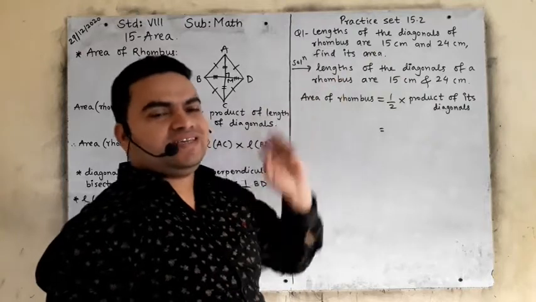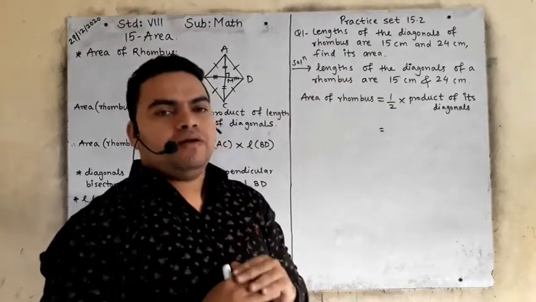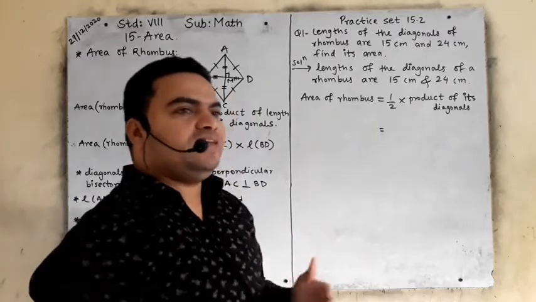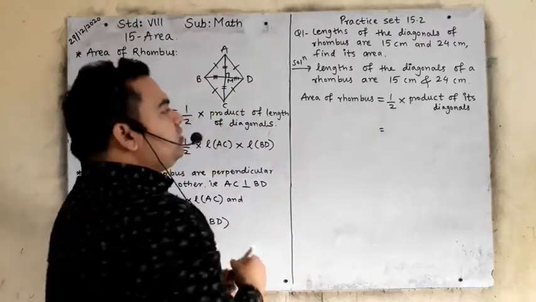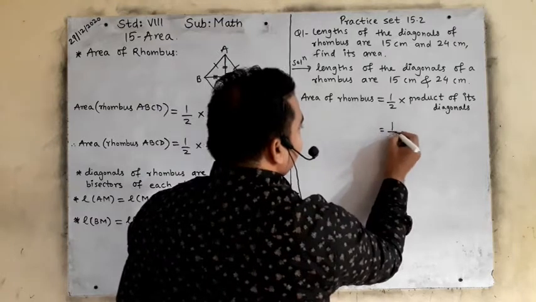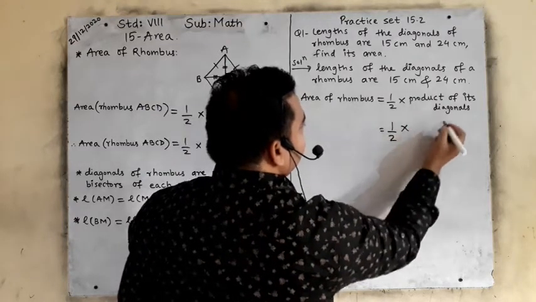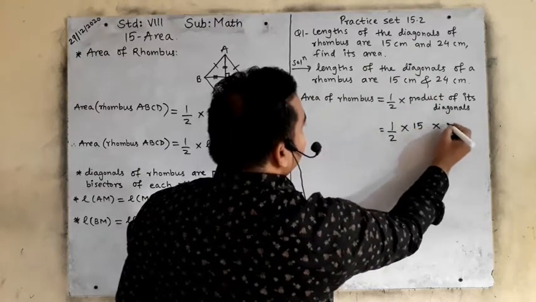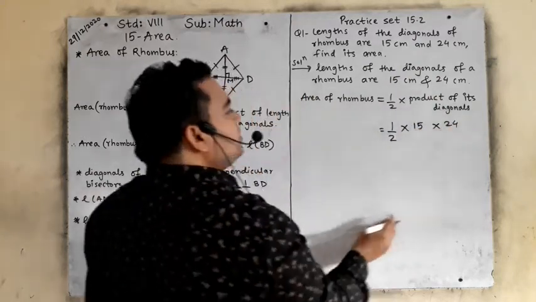Area of rhombus is equal to half multiplied by the product of its diagonals, or the product of the lengths of the diagonals. So you will write half over here. Product means multiplication of its diagonals, and the diagonals are given: one is 15 and one is 24.